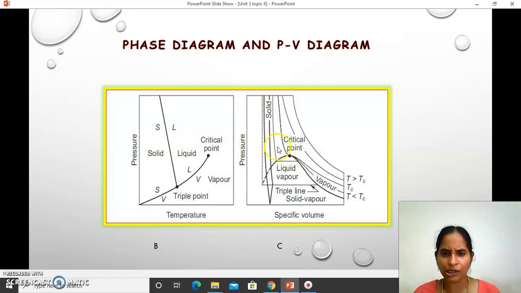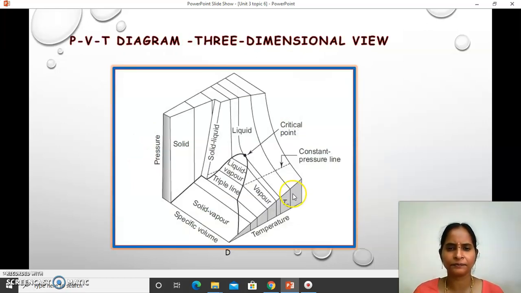You can see the solid state. This is the existence of the triple point where solid, vapor, liquid are all coexisting. Here you can see the solid, vapor coexistence equilibrium point. Here liquid, vapor. So if you stay here, all the three phases will coexist with each other, right?